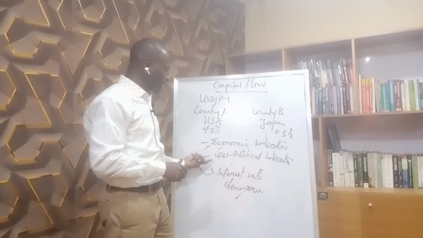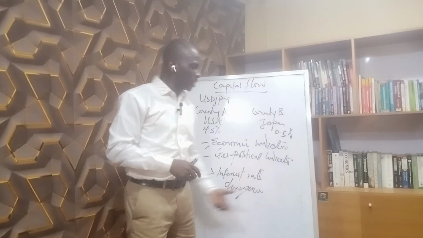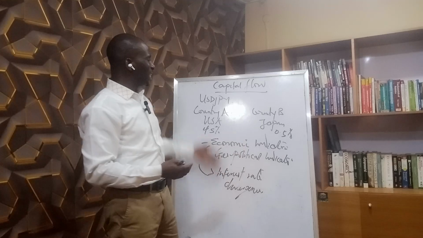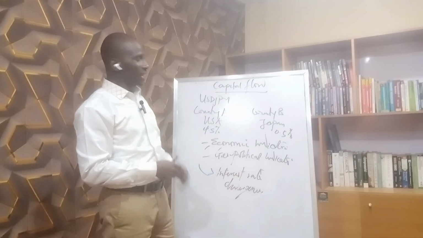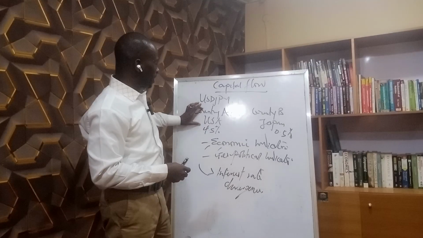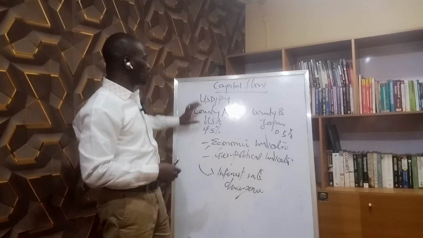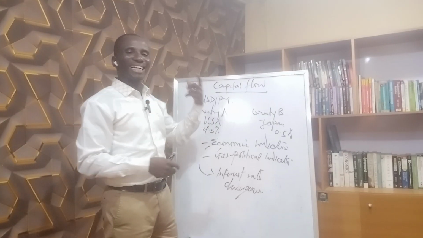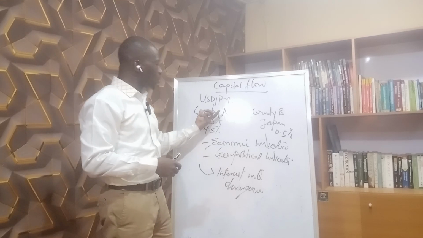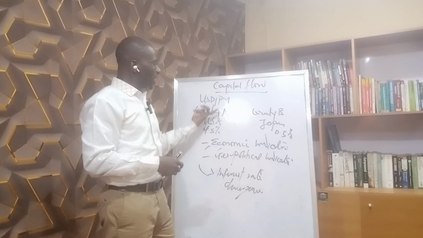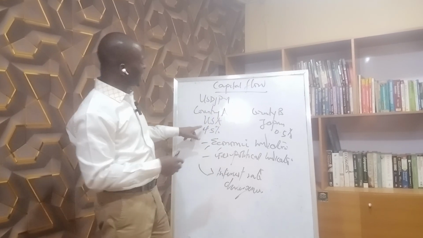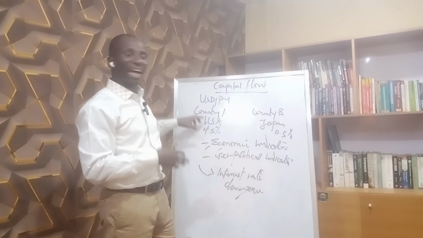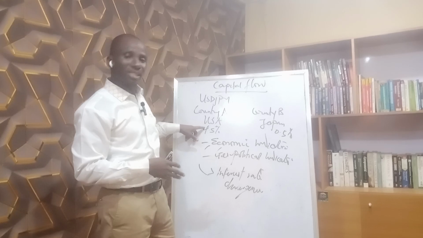Now, let me quickly explain the geopolitical indicator. You can imagine that there is now war in USA. Let's say war broke out between USA and United Kingdom, and a rational investor wants to move their money away from USA regardless of the interest or the high yield that such an investment promises to give them.